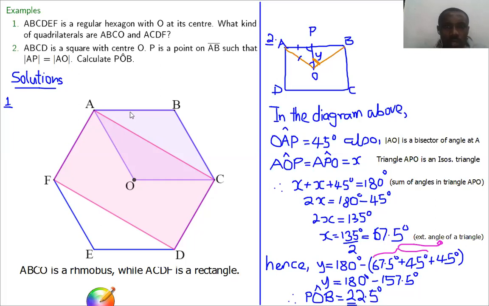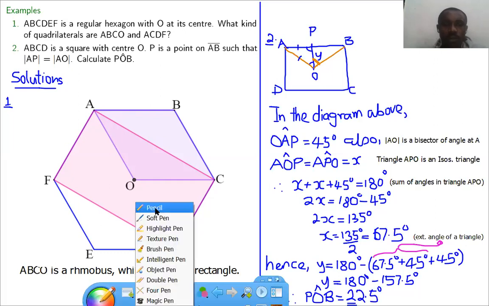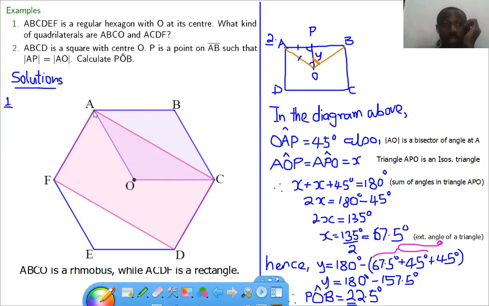So this shape here, what shape is that, from what you've seen so far? I'm talking about this shape from A, B, C, O. What shape is that?